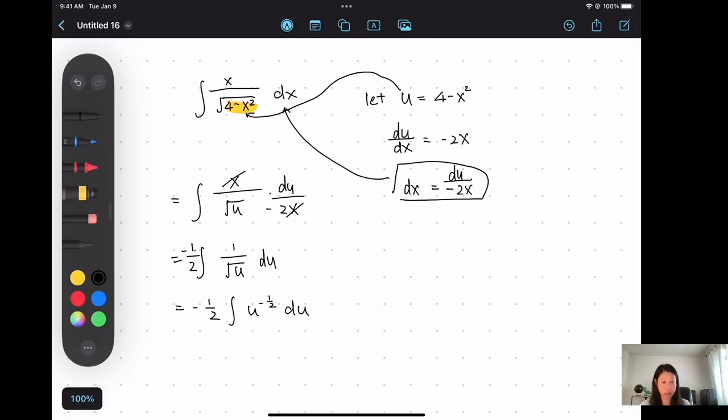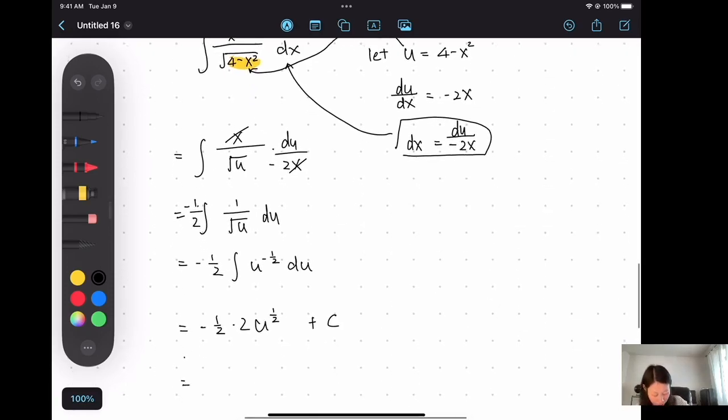Now, getting the antiderivative of u to the negative 1/2, we did this before. We need to add 1 to the exponent, which gives you 1/2, and then multiply by its reciprocal. Don't forget to plus the constant c. So I have negative u to the 1/2.